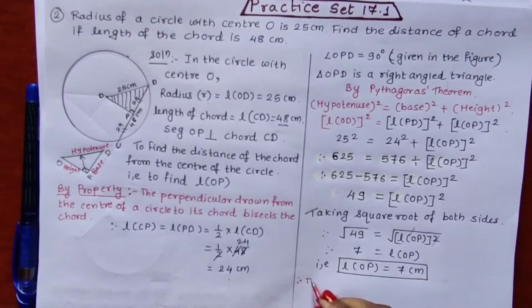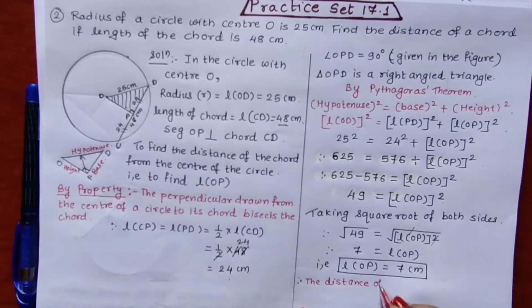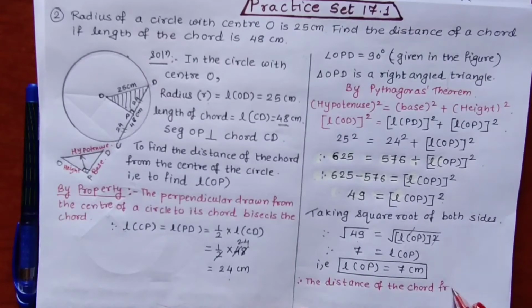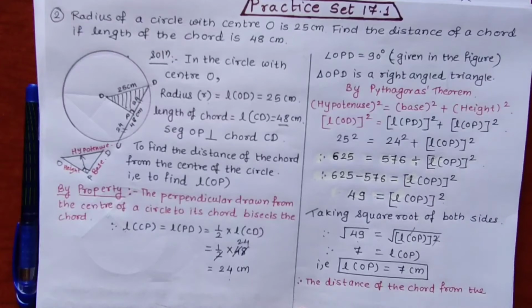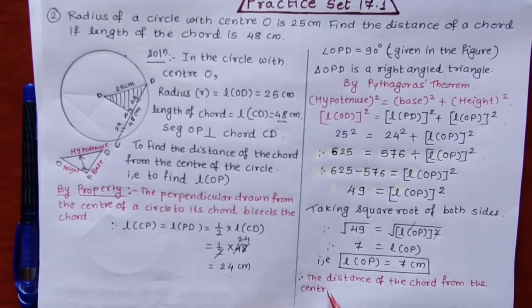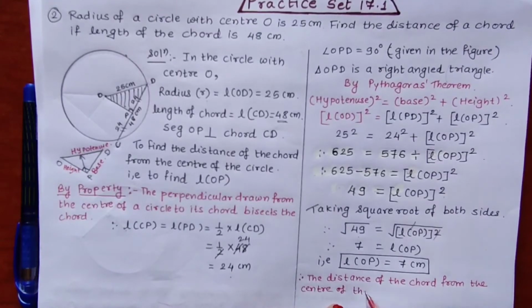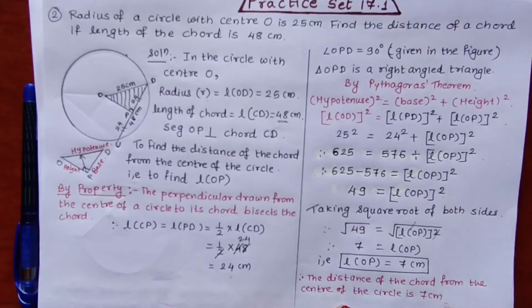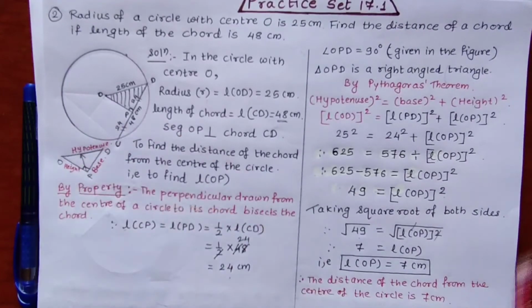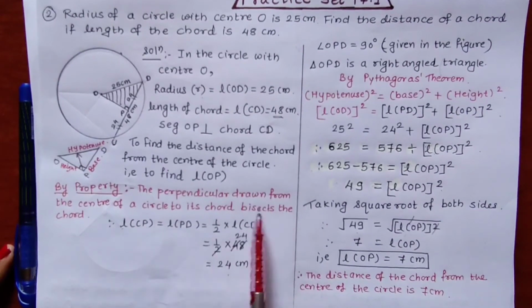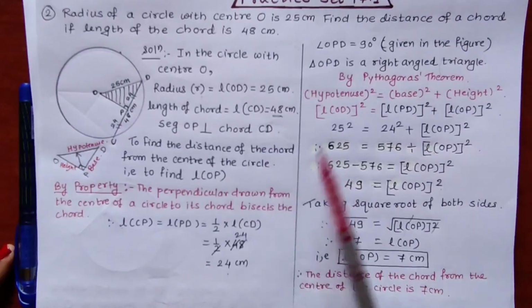Therefore, the distance of the chord from the center of the circle is 7 centimeter. So in this way, the full sum can be solved in one solution like this by using the property and by using the Pythagoras' theorem.